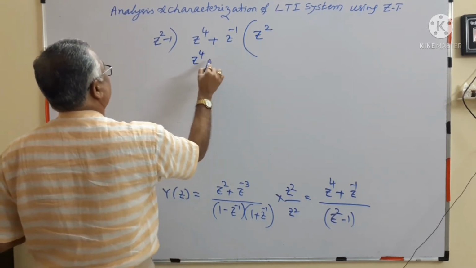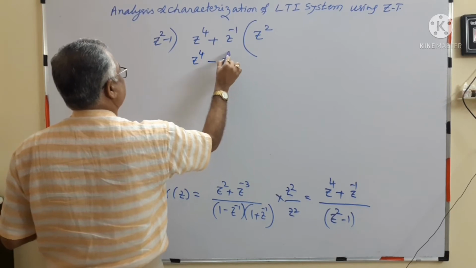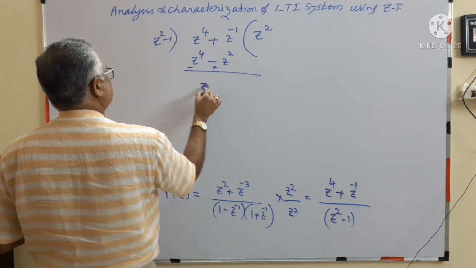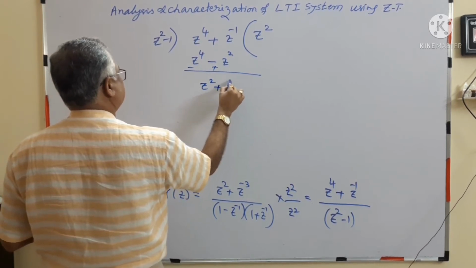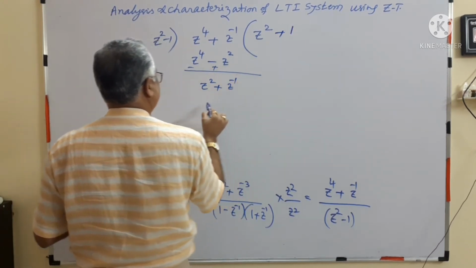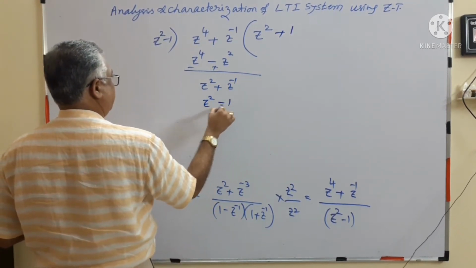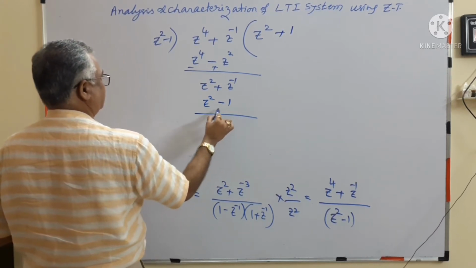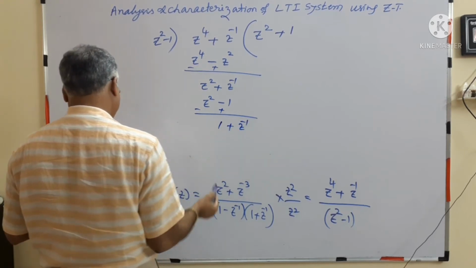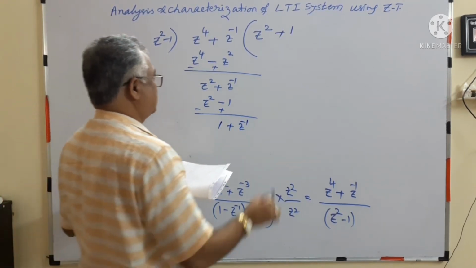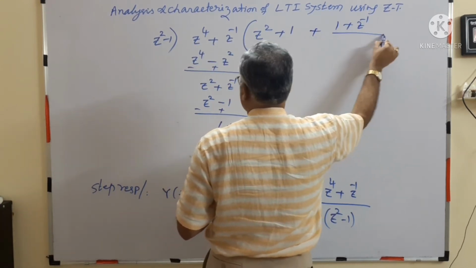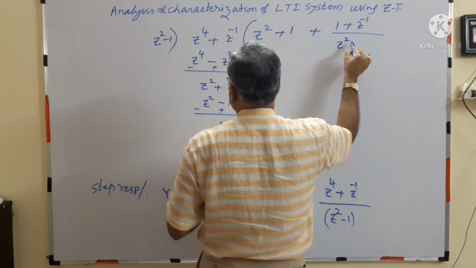Z to the power of 4 minus z square, plus minus, so z square plus z inverse. Then again plus 1 times z square minus 1, this is plus minus. So 1 plus z inverse. So what is the final step? Z square plus 1, plus 1 plus z inverse by z square minus 1.